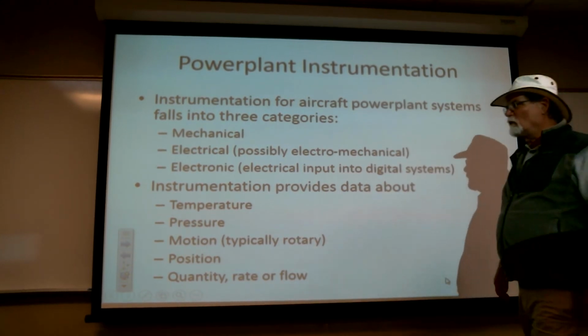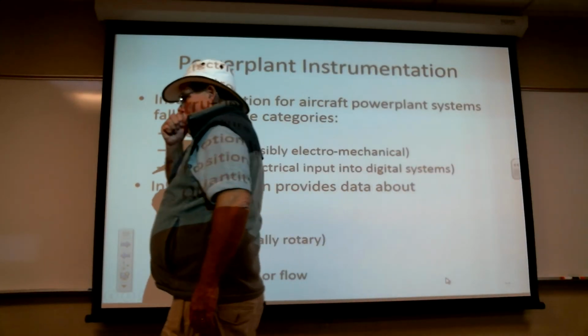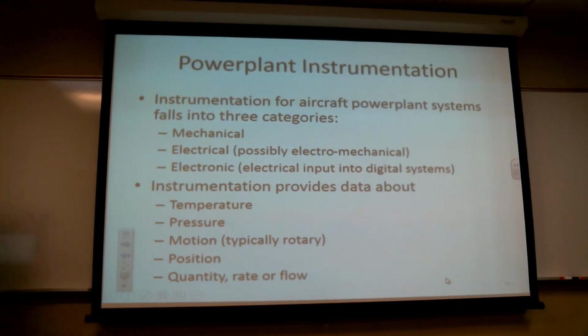Okay. Then the third group is going to be purely electronic. It'll have some electronic display that displays all of the information in a variety of different graphic ways. Analog ways that look like an analog meter, digital, or both.